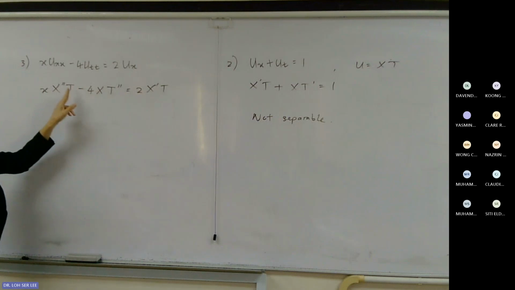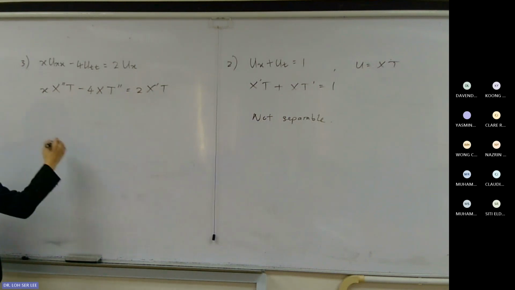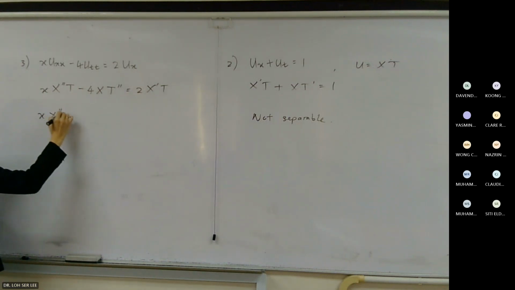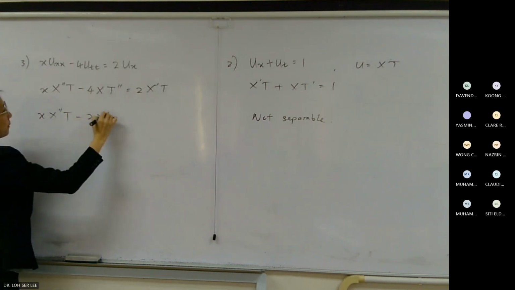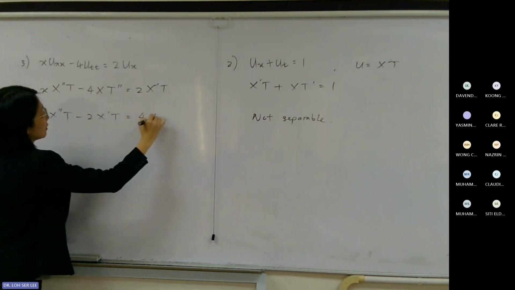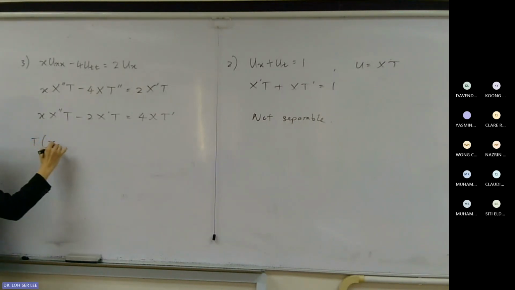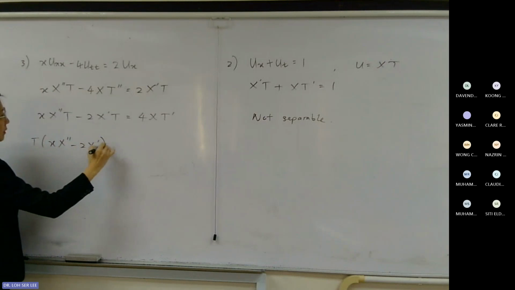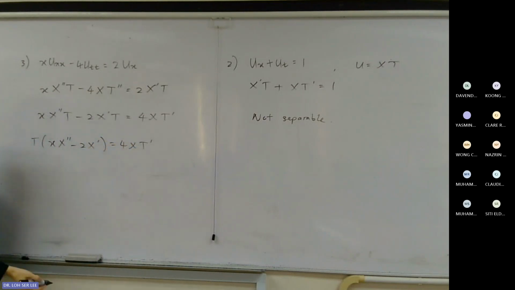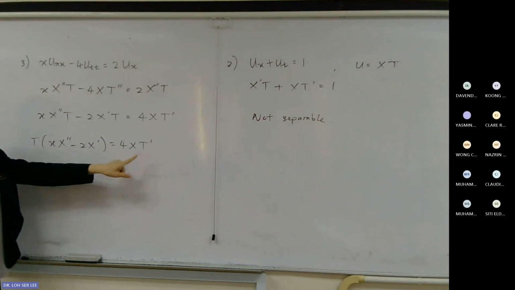Now try to rearrange. We have a T here and we have a T here. Okay. We move this to the left. Move this to the right. And we try to factorize. Okay, factorize the T. Then this T goes to the right.